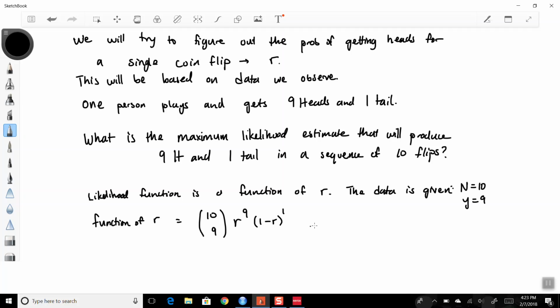Okay, so this basically is the likelihood, or you can think of the likelihood as a probability, but it's the likelihood of our data for different values of R. Okay, and we can see what value of R would give us the largest value here. Okay, so we want to maximize this function. All right, so let's maximize it.